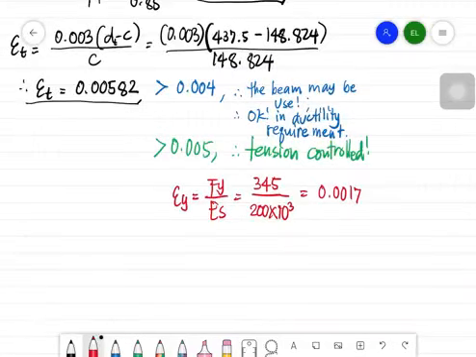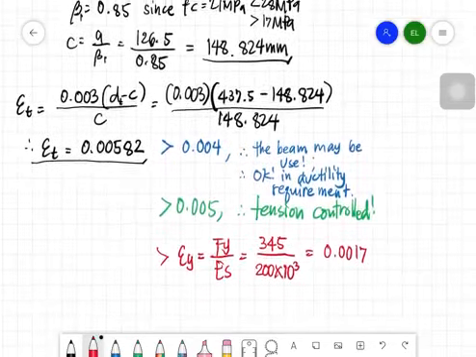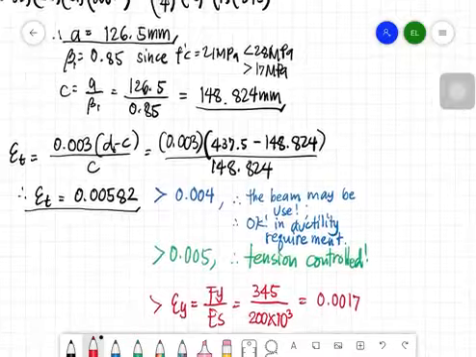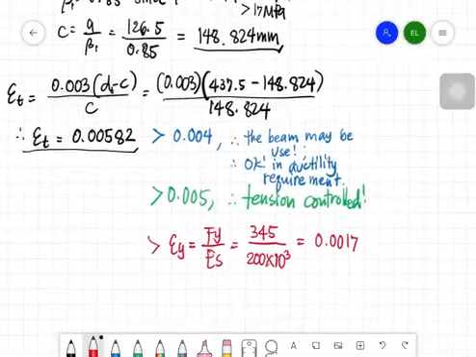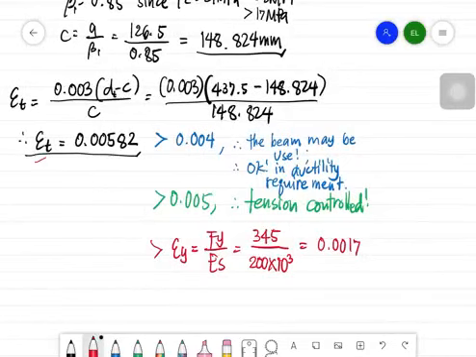Therefore, strain T is also greater than strain Y. This is also one of the indicators that our steel bar yielded. So our assumption here for letter A is correct, since strain T is greater than strain Y.